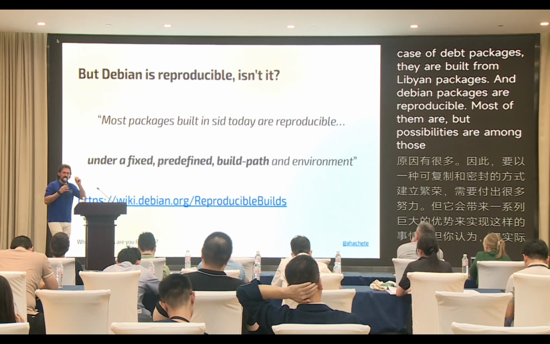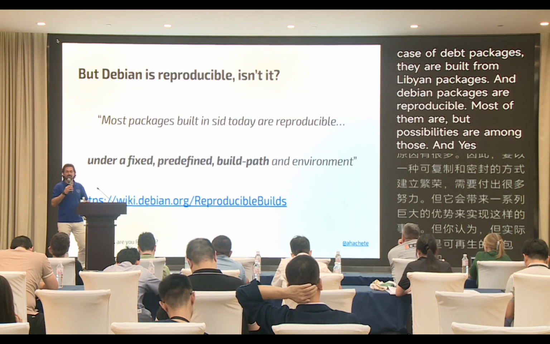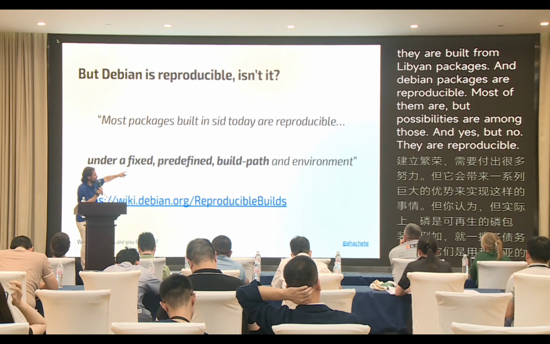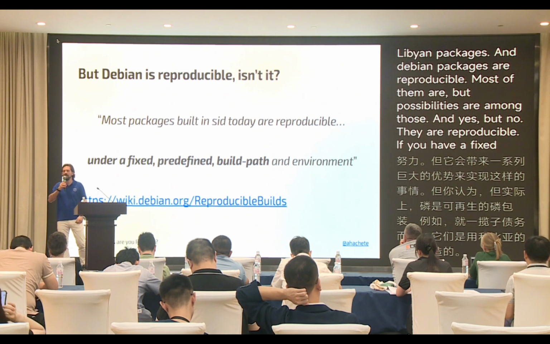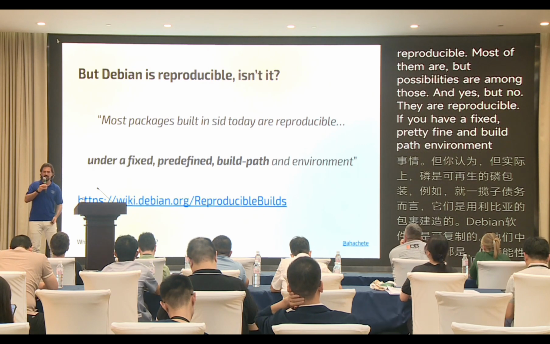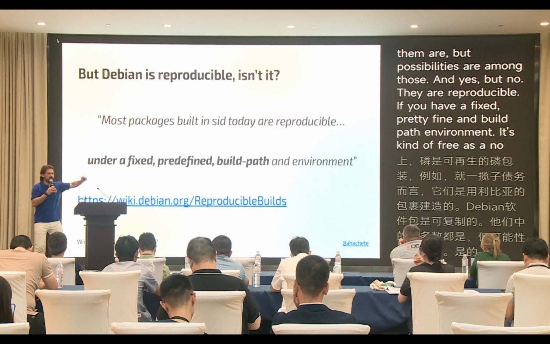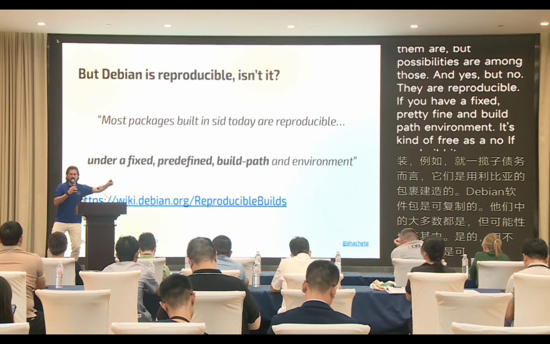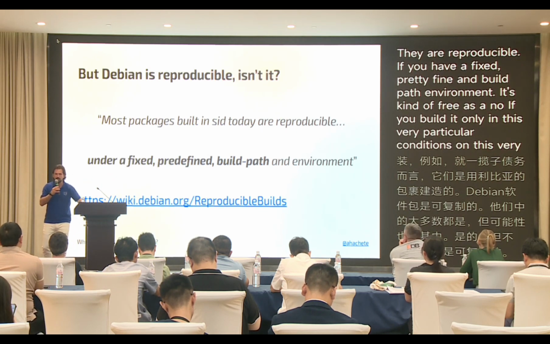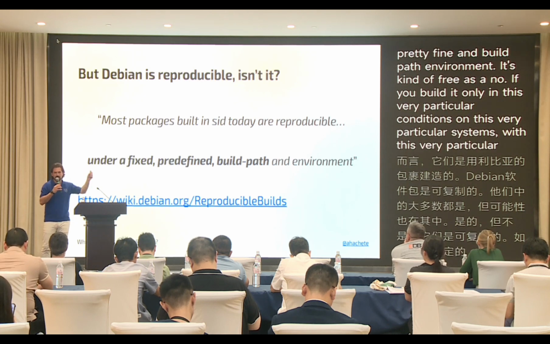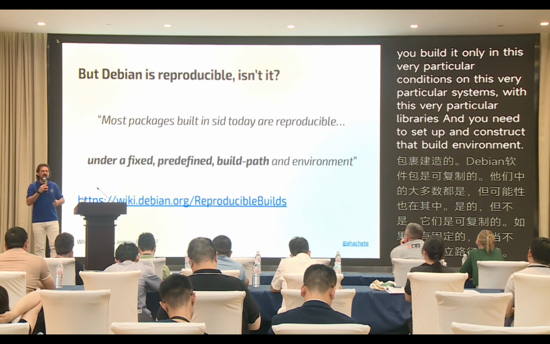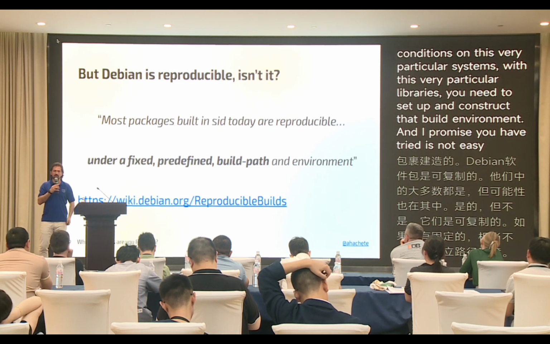And yes, but no. They are reproducible if you have a fixed, predefined build path environment. So it's kind of yes and no. If you build it only under very particular conditions, on very particular systems, with very particular libraries, and you need to set up and construct that build environment, and I promise you I've tried, it's not easy, then you will get the same binaries over and over.